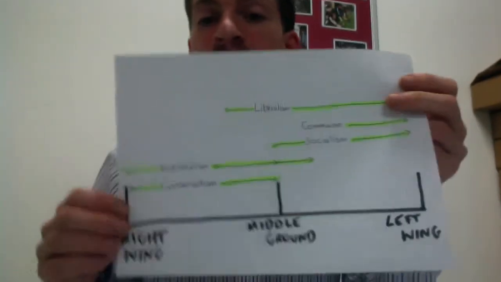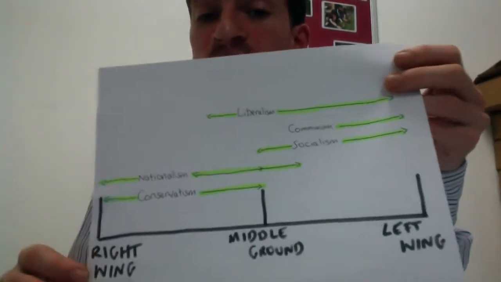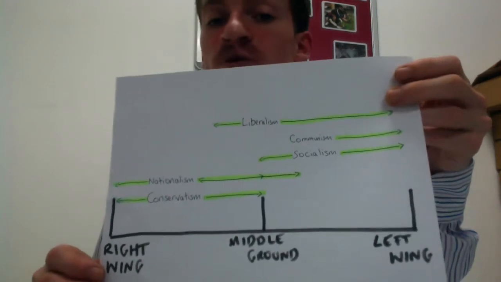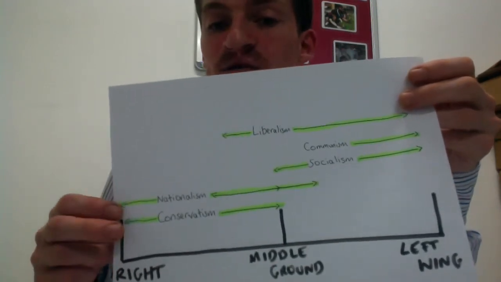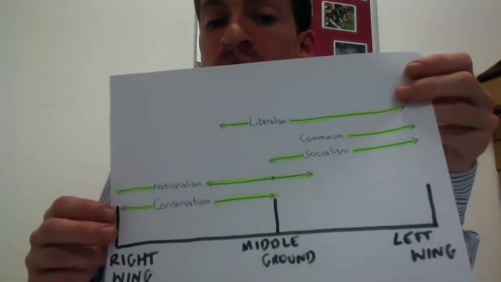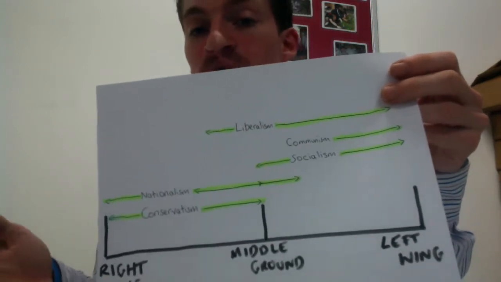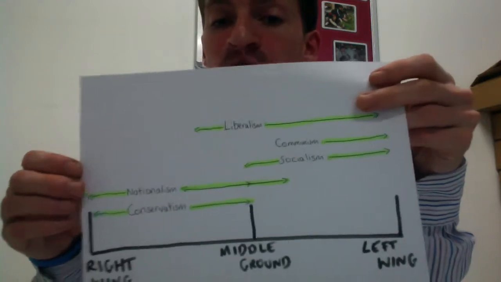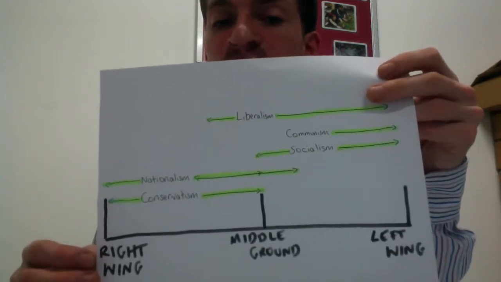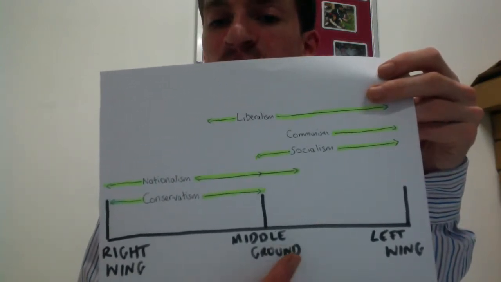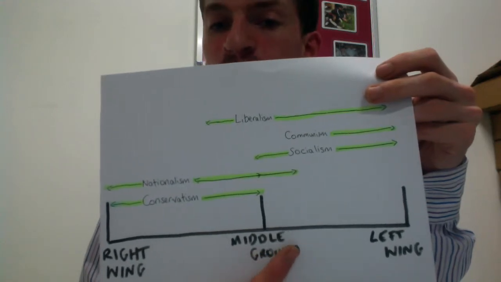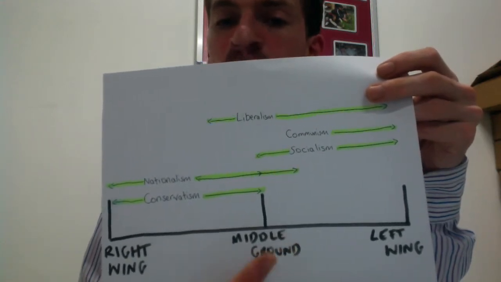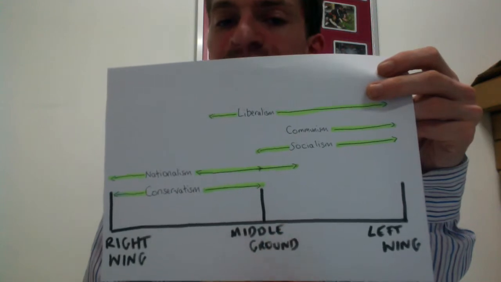Alright, so if you look at the right-wing politics, which is generally nationalism and conservatism, okay? An example of right-wing beliefs would be the Republican Party in America. And as you can see, conservatism kind of spans the right wing all the way to the middle ground, but not going beyond the middle ground towards the left part of the spectrum.